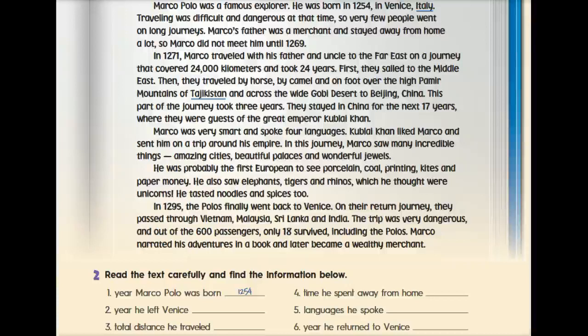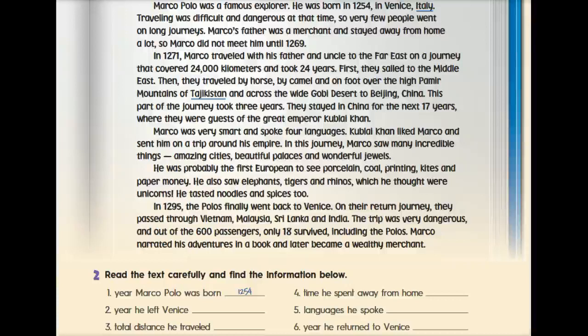So let's check now number 4. Time Marco Polo spent away from home. How much time did Marco Polo spend away from home? Let's see it in the text again.